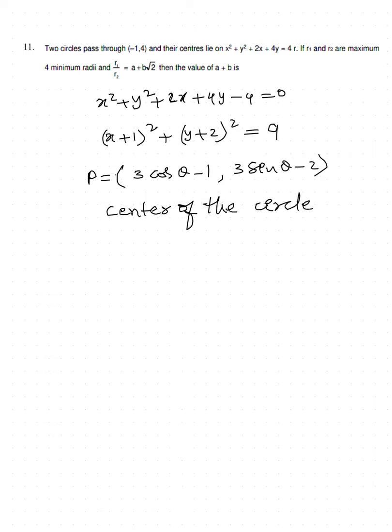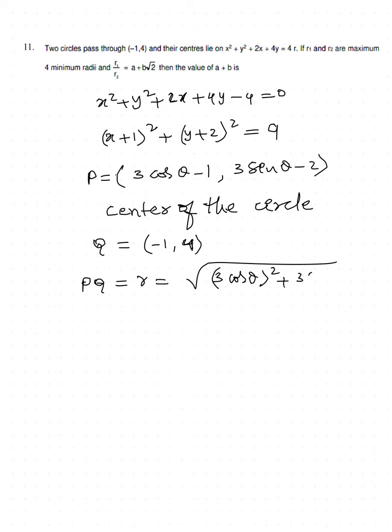Now the circle passes through the point they have given, which is (minus 1, 4). So we will take that point as Q, (minus 1, 4). Now from the center to any point on the circumference, PQ is equal to the radius of the circle. So it will be under root of (3 cos theta minus 1 plus 1) whole square, so (3 cos theta) whole square, plus (3 sin theta minus 2 minus 4), that is (3 sin theta minus 6) whole square.